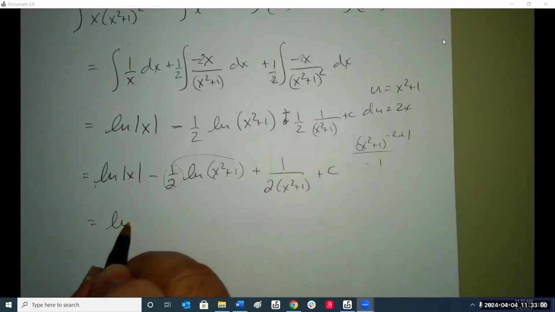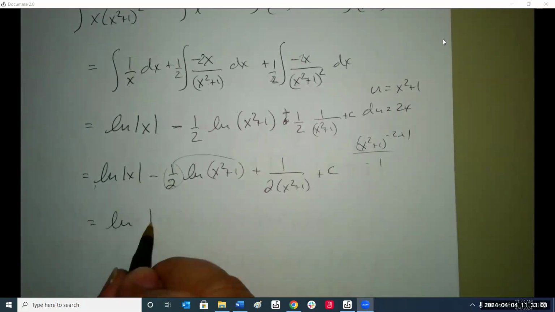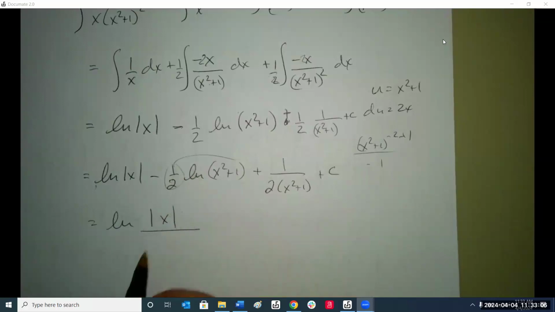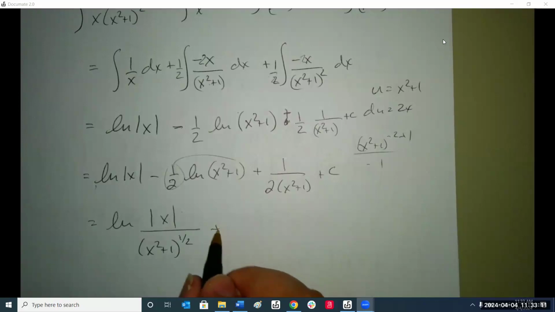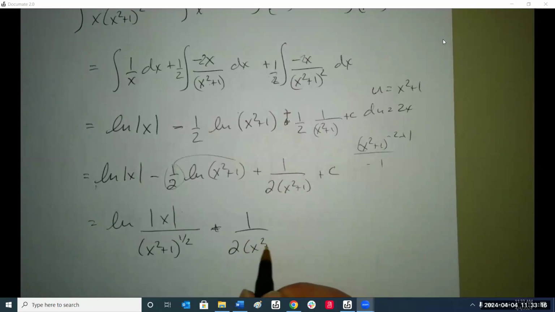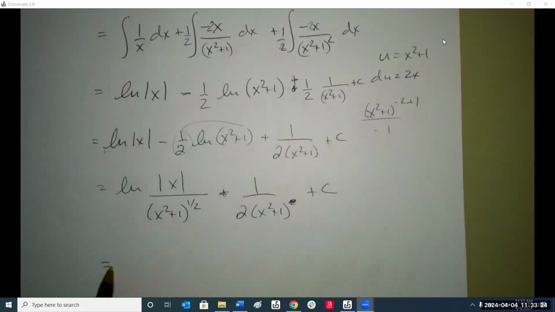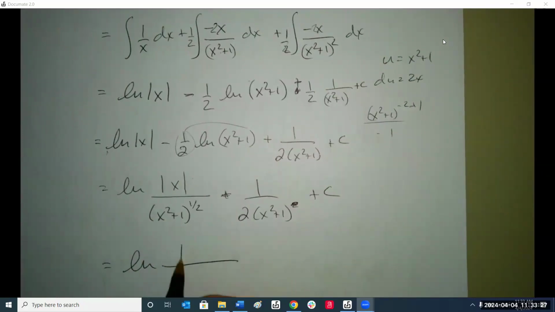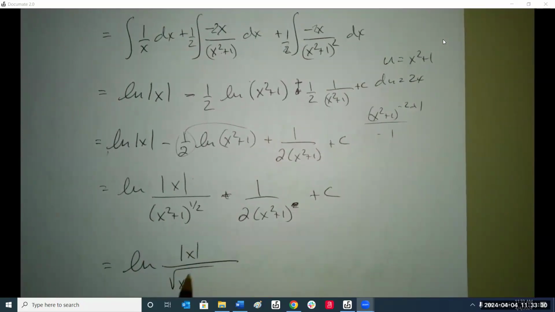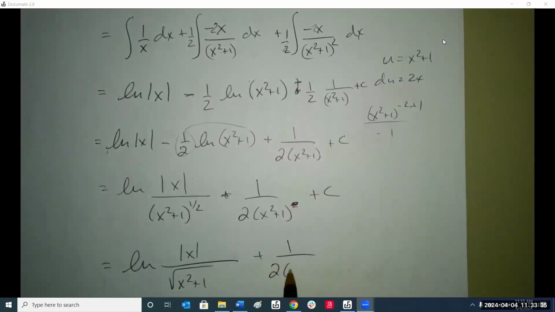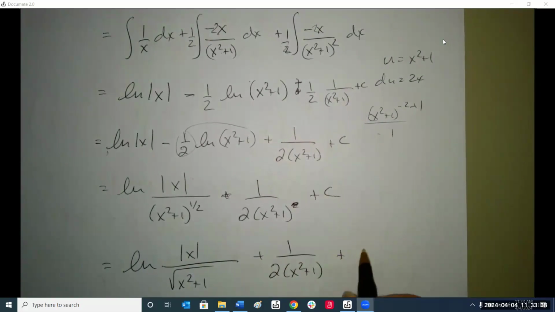This is ln, since it's subtraction, absolute value of x over x squared plus 1 to the power 1/2, plus 1/2 of x squared plus 1, plus c. So ln absolute value of x over the square root of x squared plus 1, plus 1 over 2 times x squared plus 1, plus c.